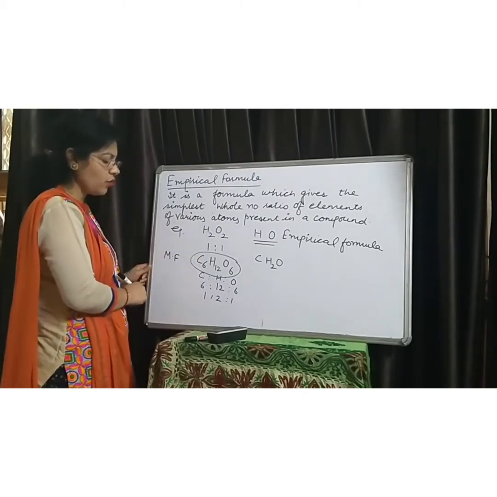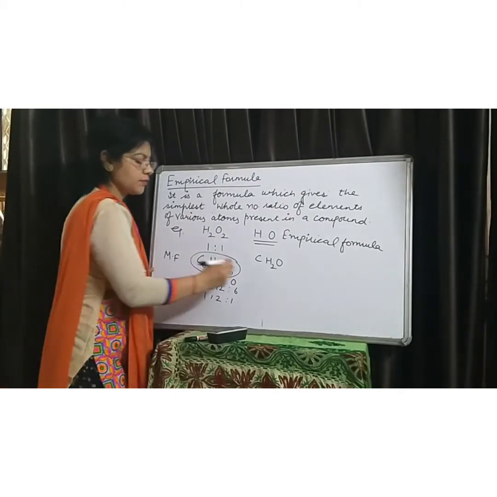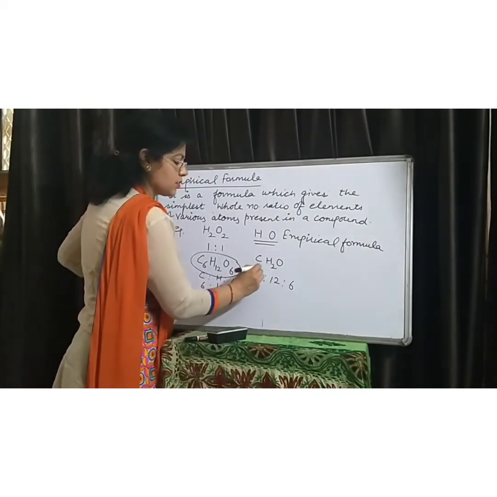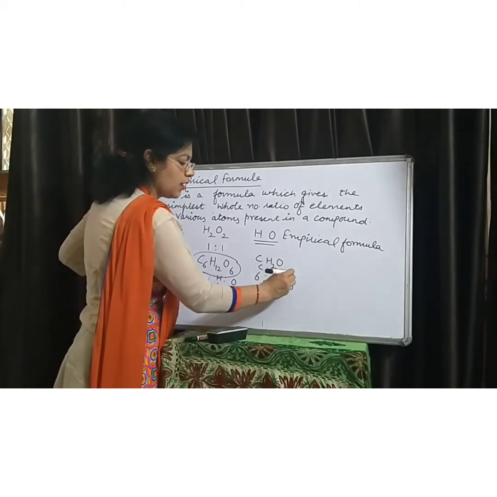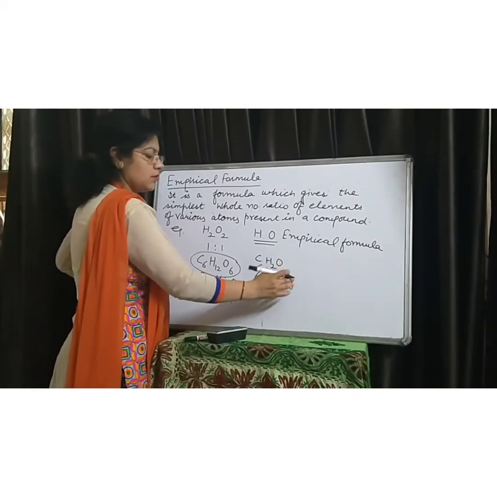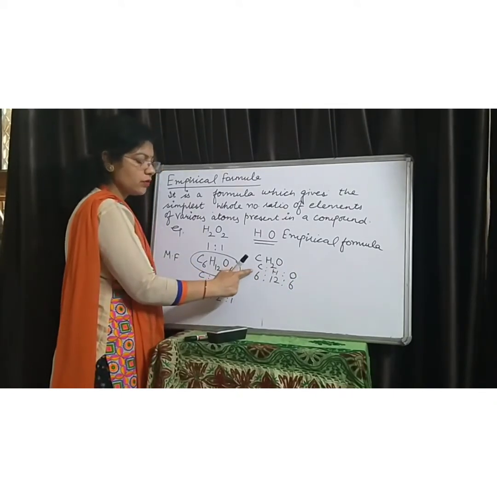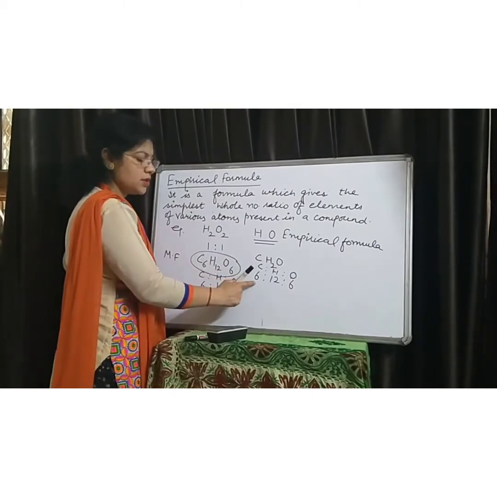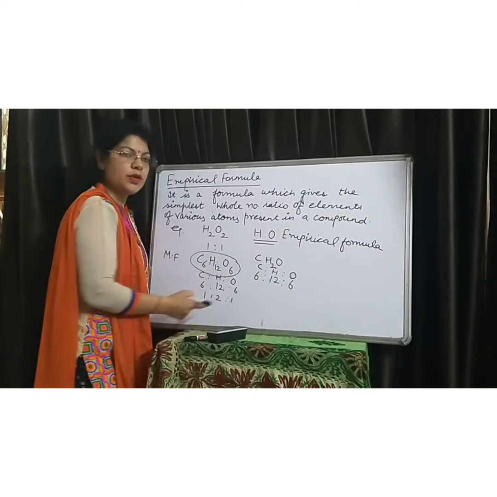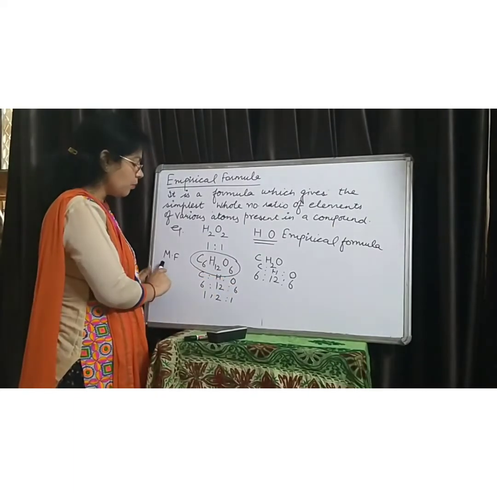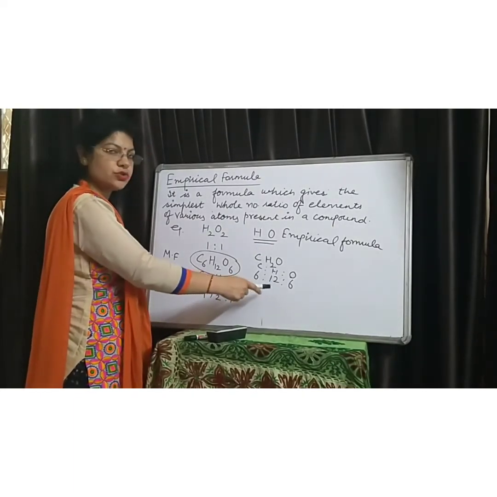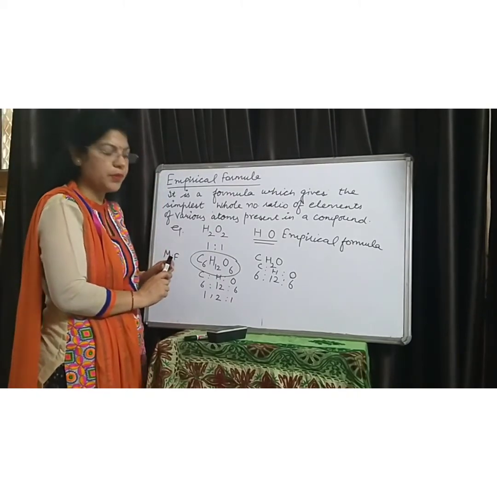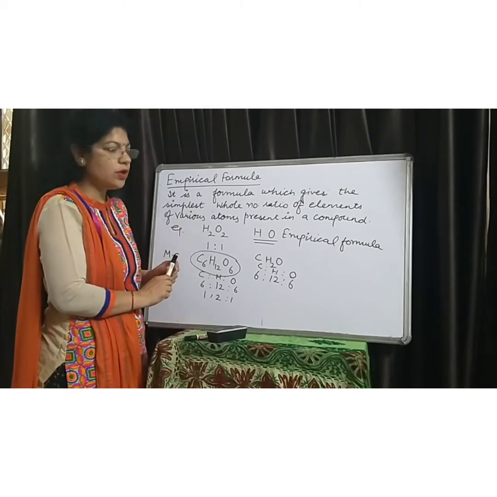Here the actual ratio of carbon, hydrogen and oxygen in glucose is 6:12:6. It means it represents the molecular formula or molecular ratio of the different elements. This is all about the empirical formula and molecular formula.